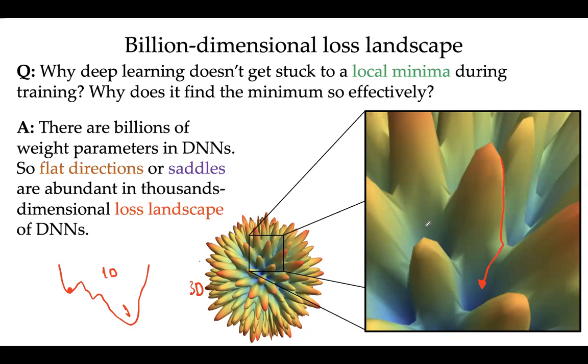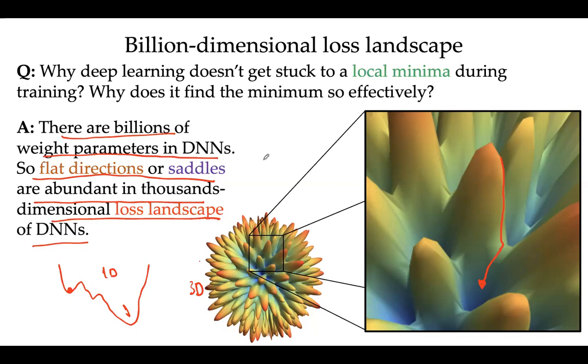So that's the nice part of high dimensional loss landscapes. You don't get stuck because they're not really wells, there are either saddles or flat directions. There are billions of weight parameters in DNNs, deep neural networks. So flat directions and saddles are abundant in the thousands or billions dimensional loss landscape of deep neural networks.